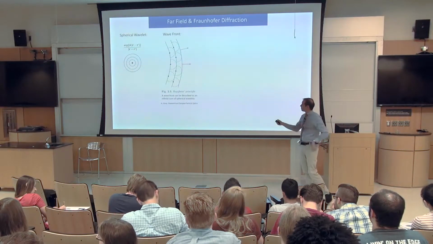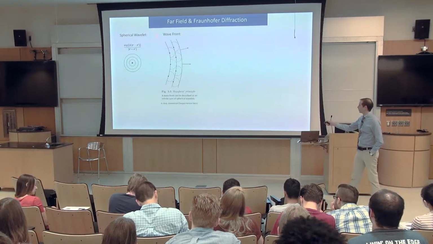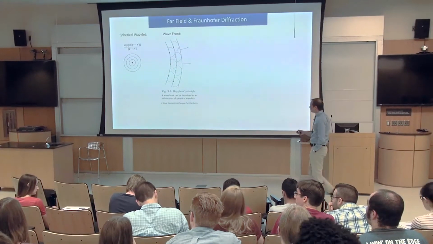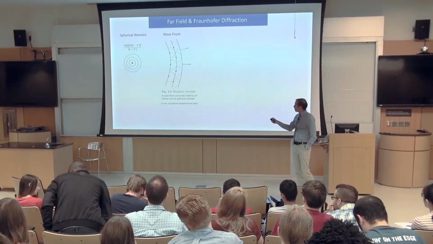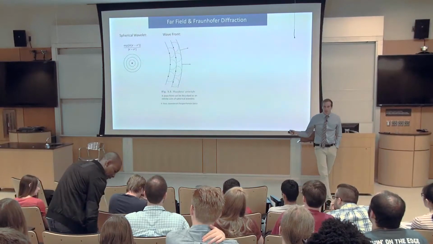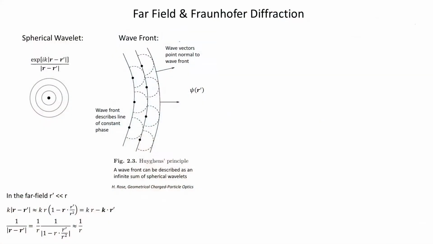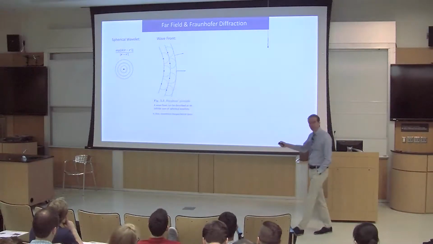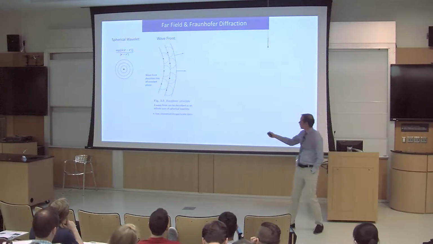And if we want to think about more complex wave functions like wave fronts, plane waves, or plane waves with curvature added to them, we can use the Huygens principle, which states that a superposition of wavelets can be used to construct one of these wave fronts. So if you want to construct a wave front, you can just place a bunch of these spherical wavelets to create constructive and destructive interference conditions where a wave front will exist with a constant phase.